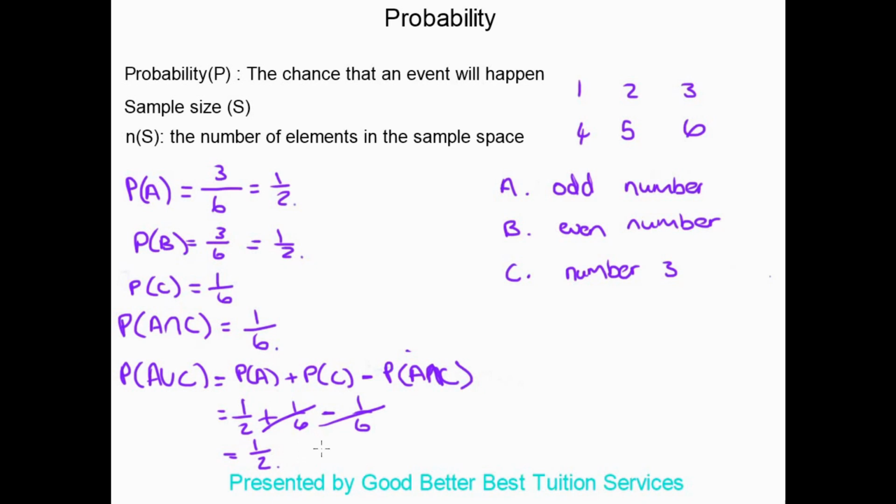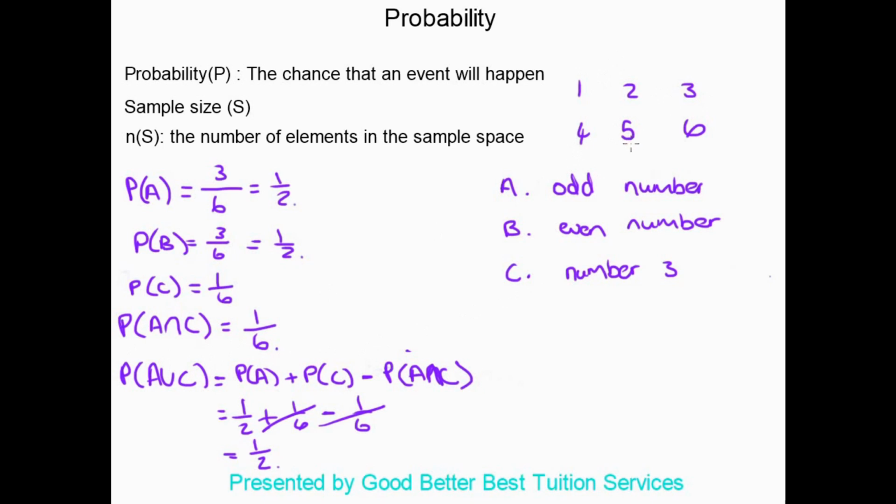Then also, is there a possibility that we could do this by inspection? There definitely is. So the probability of A or C, what that basically means is that we do not have to combine the rules like when we do in the probability of A and C, because it's or C. That means that all we have to do is consider all the possible outcomes that apply to both events and then add them together, okay? And so the way that would work is we'd say, okay, so event A is an odd number, so there's 1, 2, 3 odd numbers.